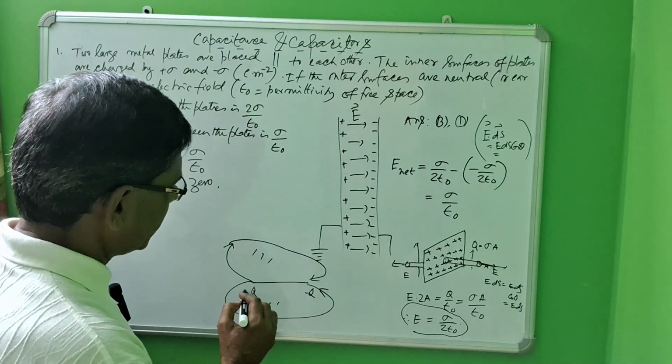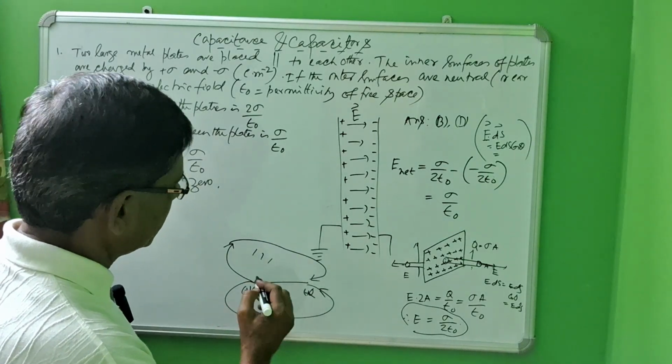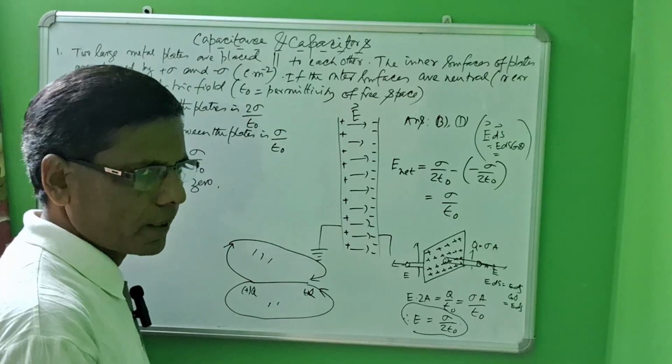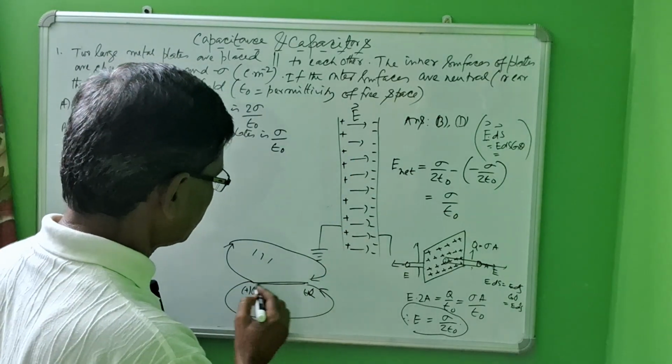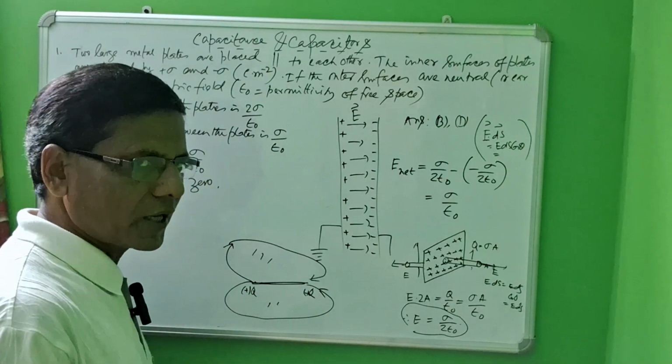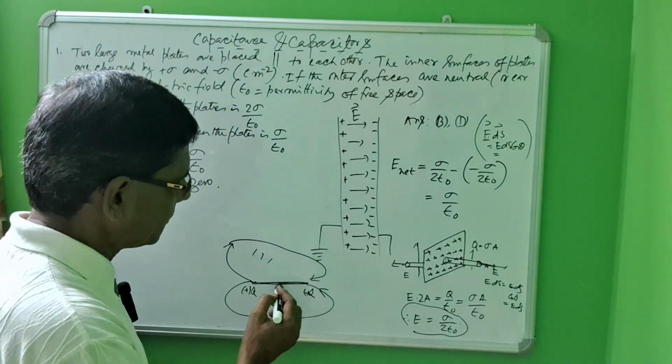So from the positive side to the negative side the lines of force approach. And in case of a dipole, this will go from the negative to the positive side.